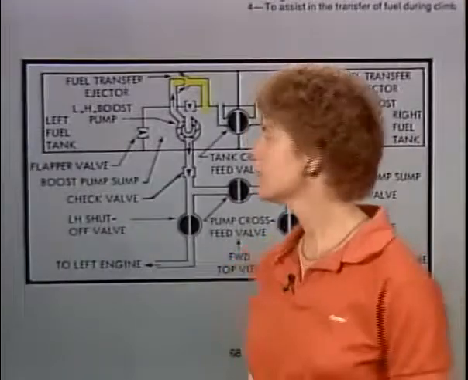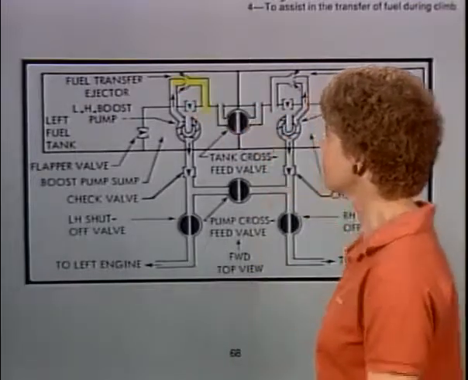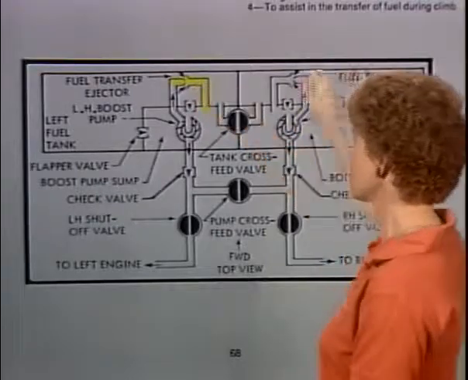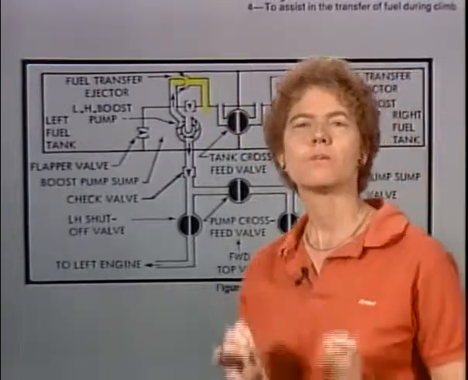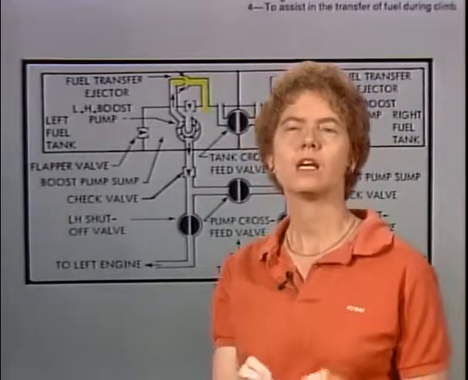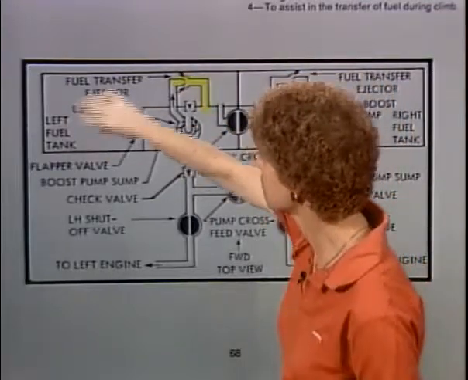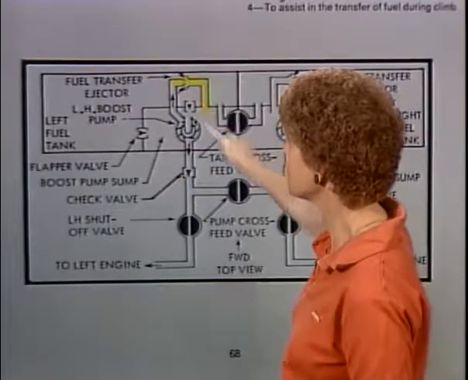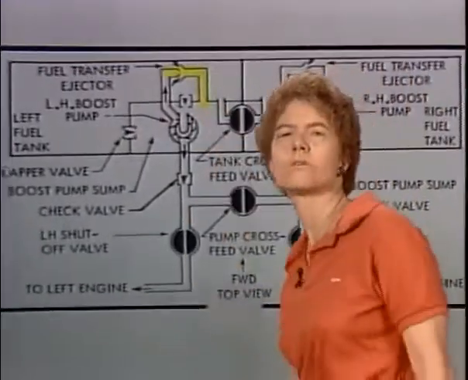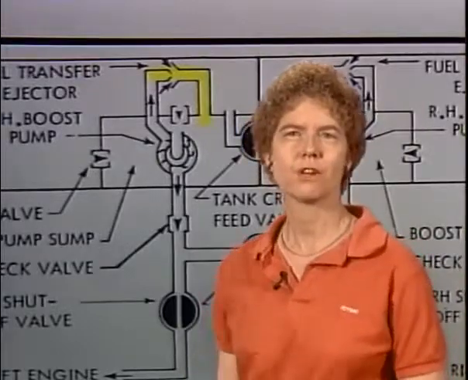And when you see Figure 7, you'll notice that at the top of that diagram of the fuel system, we've got a fuel transfer ejector, one on each side actually, and the purpose of that is to help transfer fuel from the main tank into the sump for the boost pump. So what it's doing is pulling in fuel from the main tank and moving it into the sump for the boost pump so that the boost pump has a good supply of fuel in order to be able to push it on to the engine-driven pump.